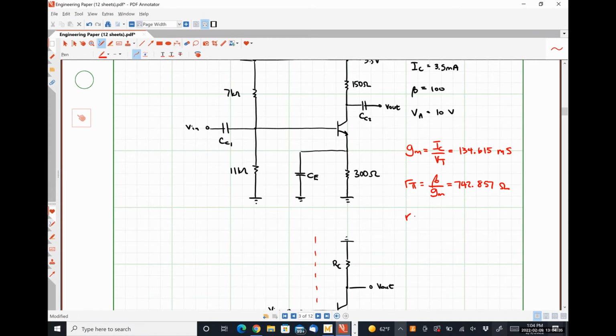And then lastly, we have our quantity r naught. How do we determine that? VA over IC, absolutely right. And this number comes out to be 2.857 kilohms.